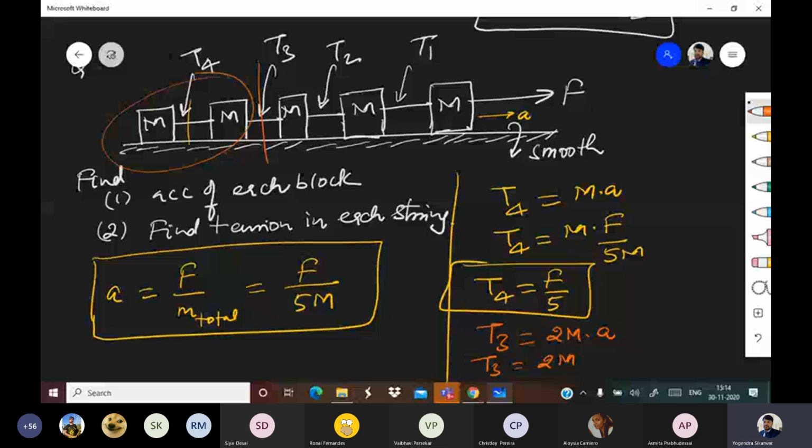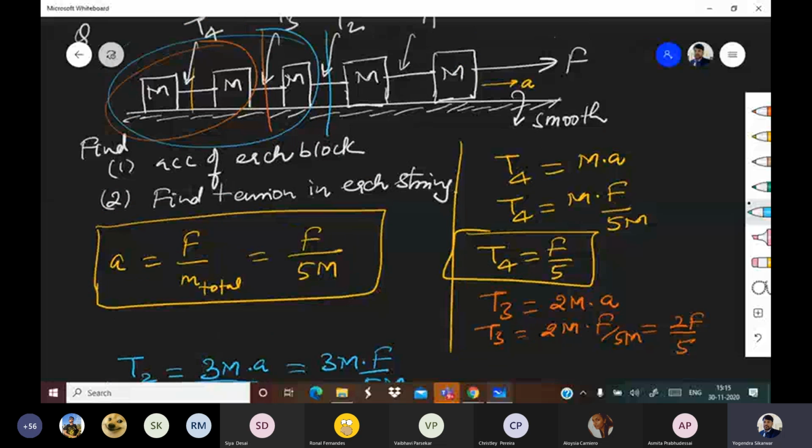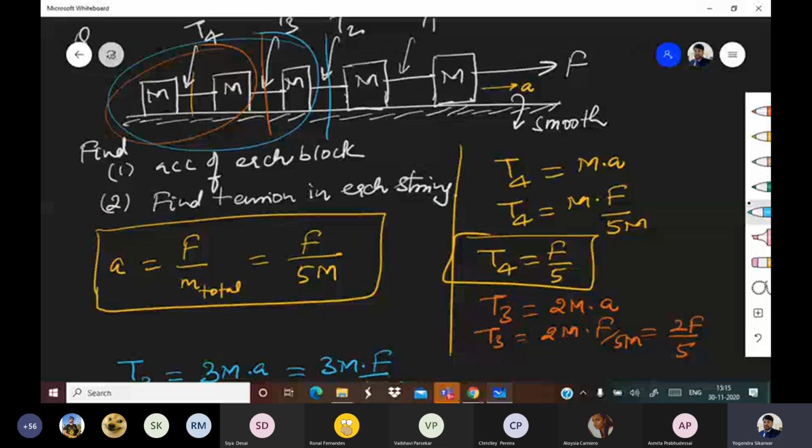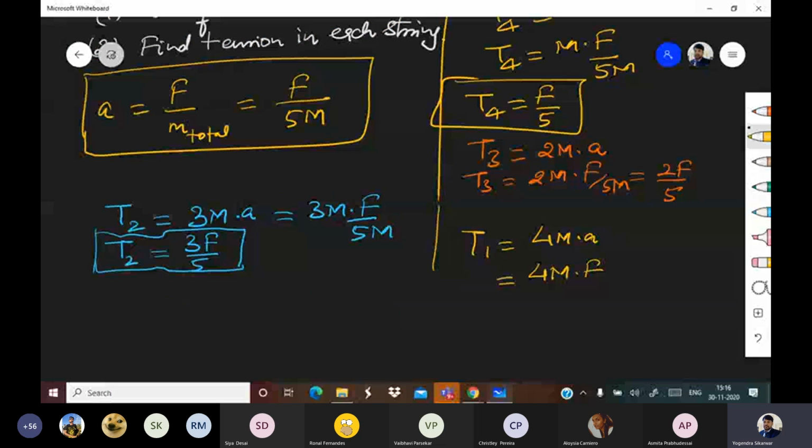Are you getting it, everyone? Now let us talk about T1, which is connecting the first two blocks. If you cut it here, these blocks will not move. So what you can write is T1 is equal to 4M into A, and that is 4M into F by 5M.